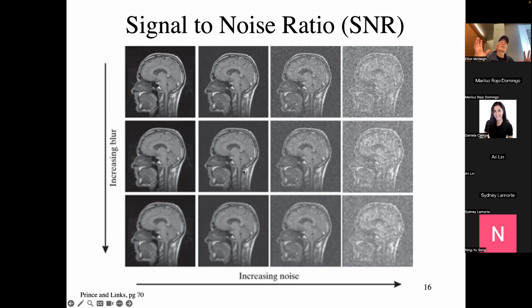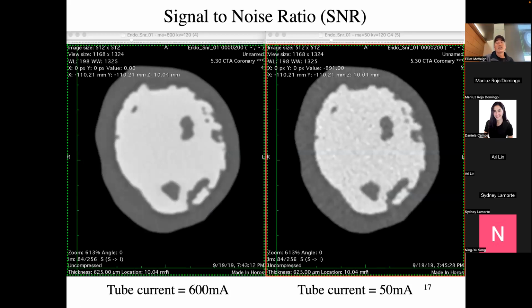So we're essentially sacrificing resolution to keep the signal to noise the same under those conditions. And so as we go diagonally across here, we might have the same signal to noise, but it's a lot blurrier, okay? So there's a trade-off between spatial resolution and signal to noise, and that trade-off is performed in CT by the manufacturer under the hood, which is a little frustrating, but you have to know what's there.